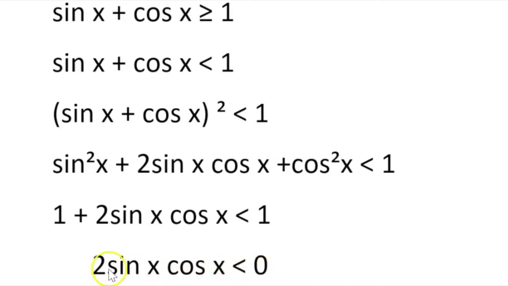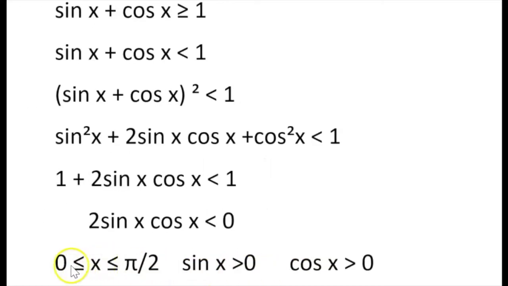So let's consider this now. We know x is between 0 and pi over 2 inclusive. In this region, sin x is always positive and cosine of x is always positive.